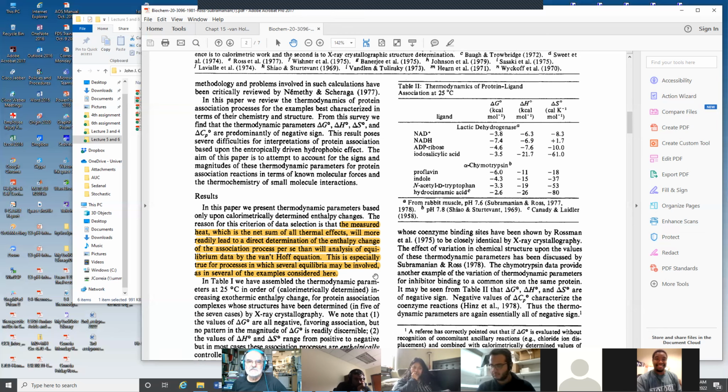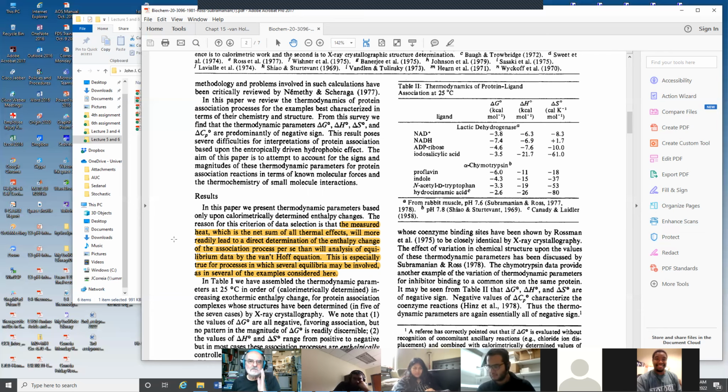Read this highlighted section. The measured heat, which is the net sum of all thermal effects, will more readily lead to a direct determination of enthalpy change of association process than the analysis of equilibrium data by Van't Hoff equilibrium. So they're beginning this paper by pointing out that all of these measurements are done calorimetrically.